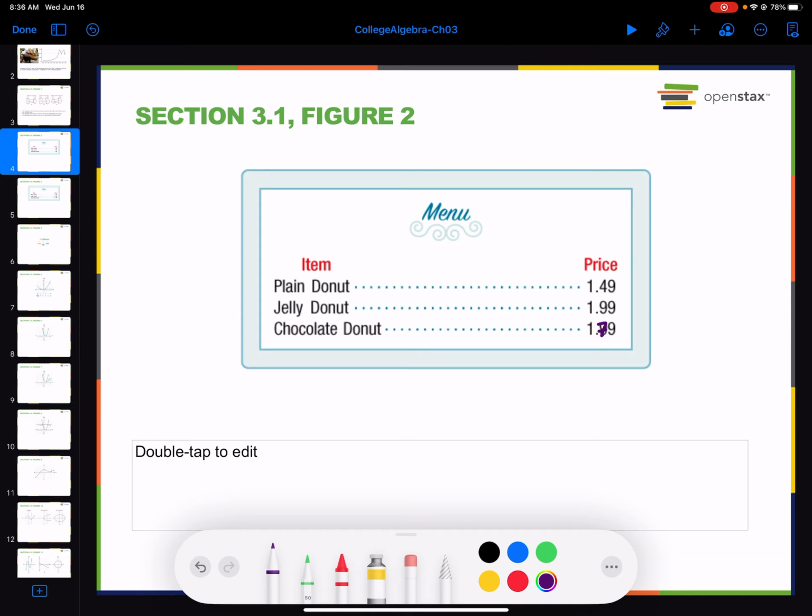But if we go back to the original value of $1.99, if I told you I paid $1.99 for my donut, you wouldn't know if I ordered the jelly donut or the chocolate donut. So that one is not one-to-one. But if we change that to $1.79, then it would be one-to-one, because if I told you I paid $1.79, you would know I ordered the chocolate donut.